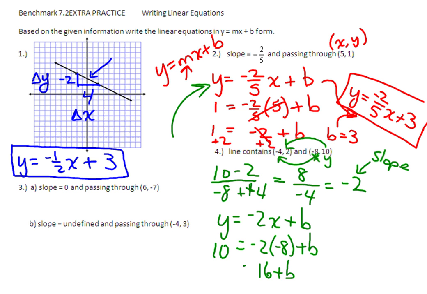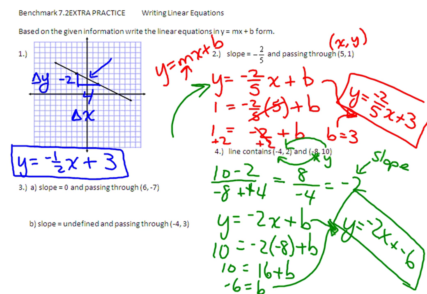That's 16. If I subtract 16 from both sides, I'll get negative 6. So I'll plug that in for b up above. So y equals negative 2x plus the negative 6, or minus 6. Same thing.